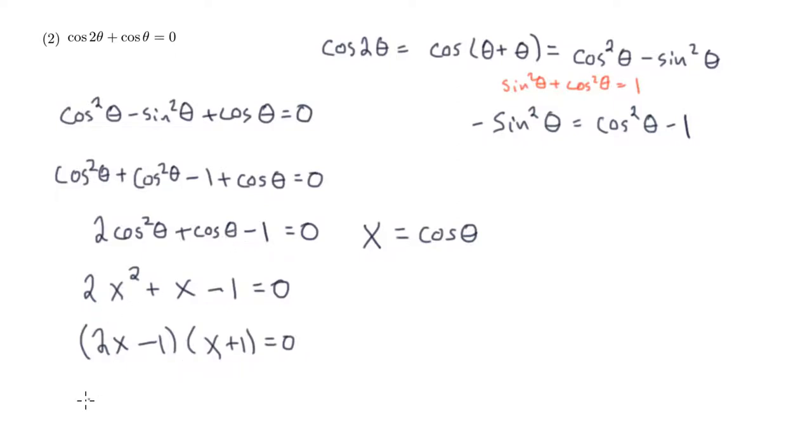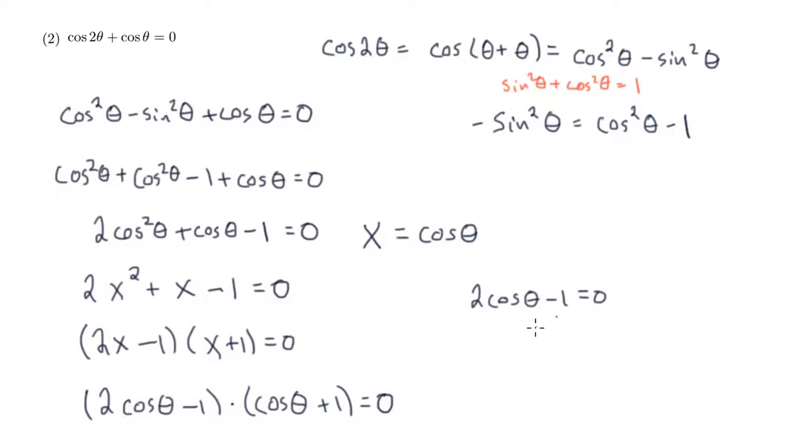Okay, but that means that if I plug back in cosine theta for x, I have 2 cosine theta minus 1 times cosine theta plus 1 equals 0. So I have a product of two factors equaling 0. I can use the zero product property and conclude that either 2 cosine theta minus 1 is 0, or cosine theta plus 1 is 0.